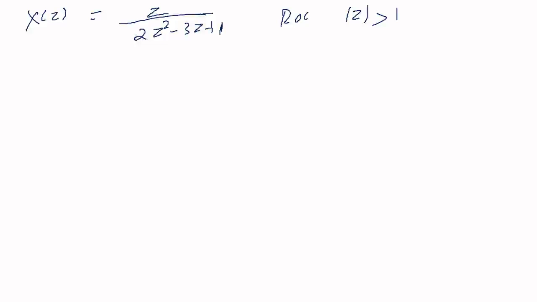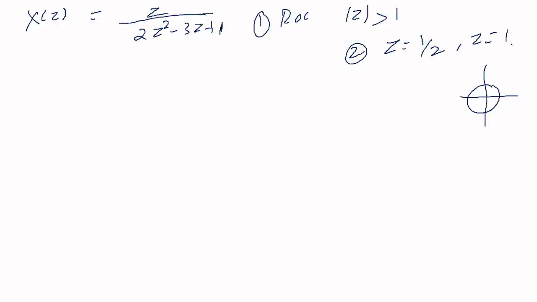This is one important piece of information. The second critical information is the location of poles: z equal to 1 by 2, z equal to 1. So this will yield, say this is 1, the ROC is something like this. That means I am talking about a signal which exists outside the circle, that means positive sequences, positive time series.